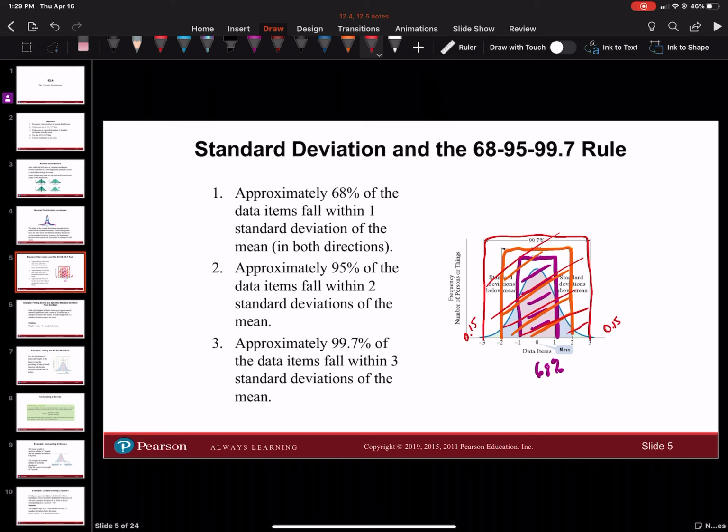And that makes up your whole 100%. So never leave these off when you're talking about different standard deviations, because if you are going all the way from the left, you have to make sure you include that 0.15.